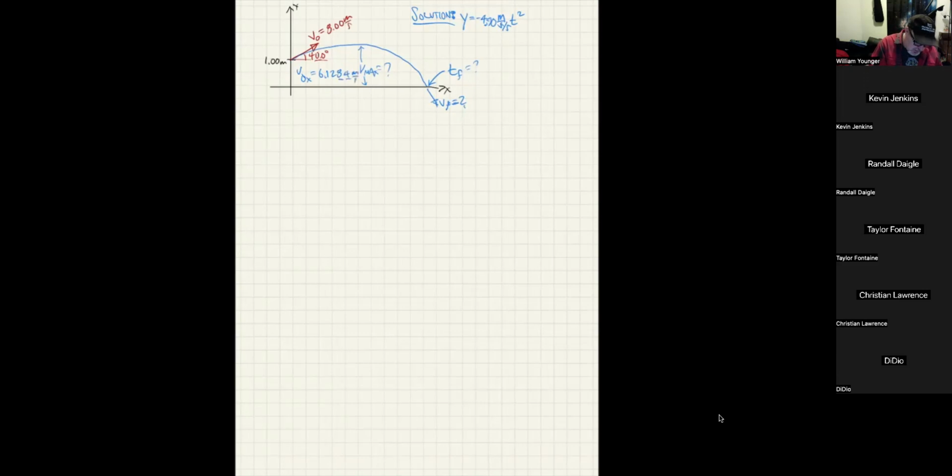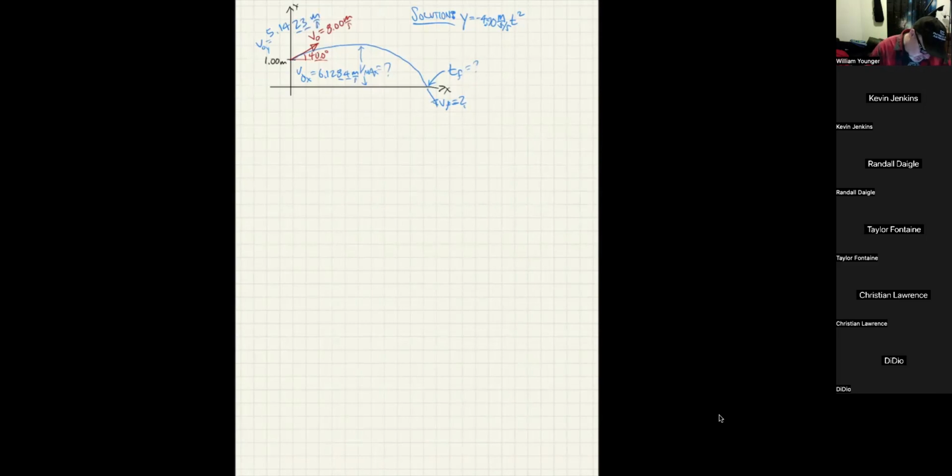And v0y would be 8 times sine of 40, which is 5.1423, also with 2 extra sig figs. So that's just some data that can come in handy.